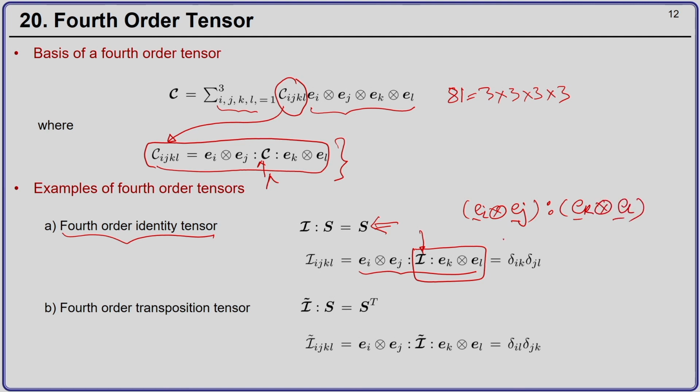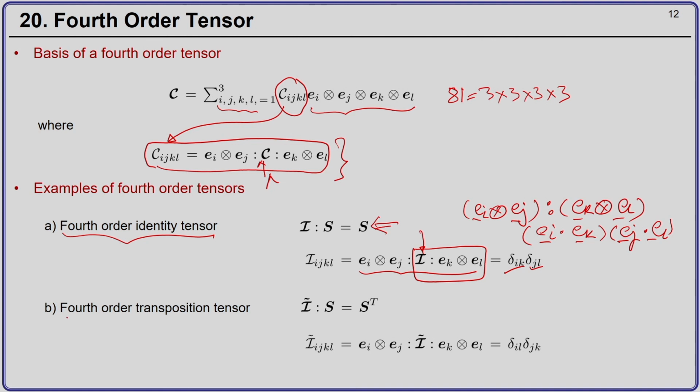Okay. And what is that? That is E_i dot E_k times E_j dot E_l. Okay. E_i dot E_k is nothing but delta_ik, and E_j dot E_l will be delta_jl. Okay. So, the components of the fourth order identity tensor are delta_ik delta_jl.